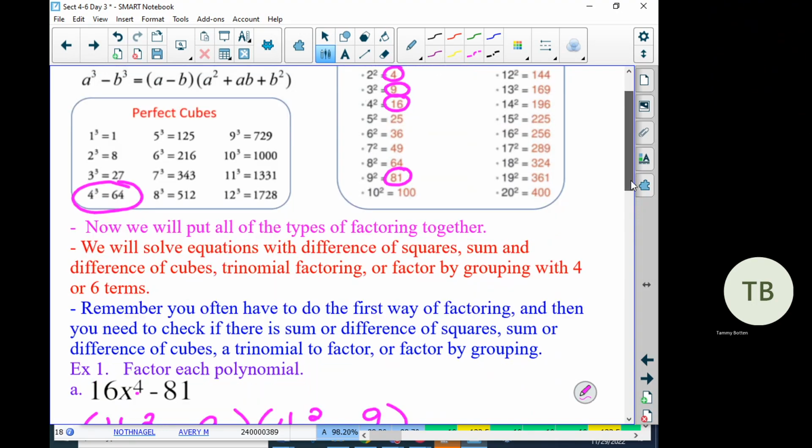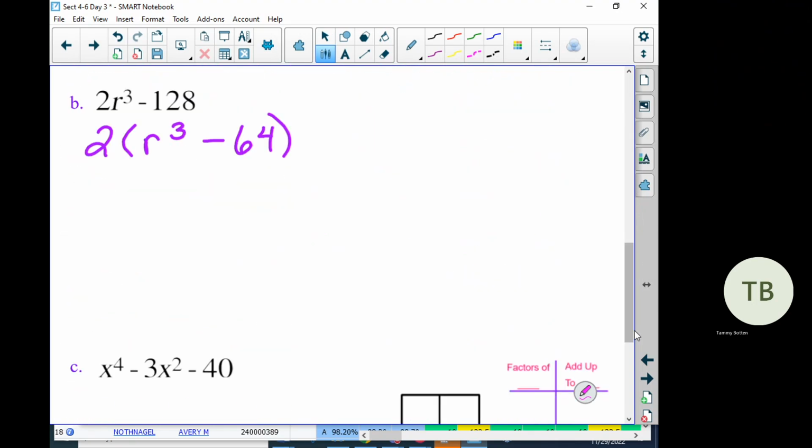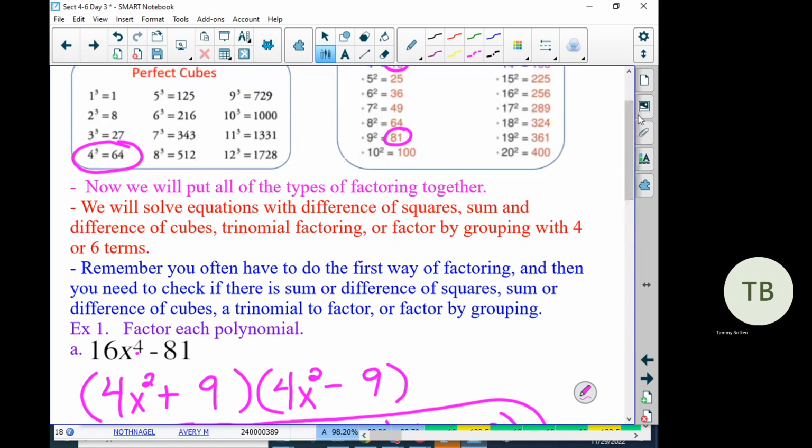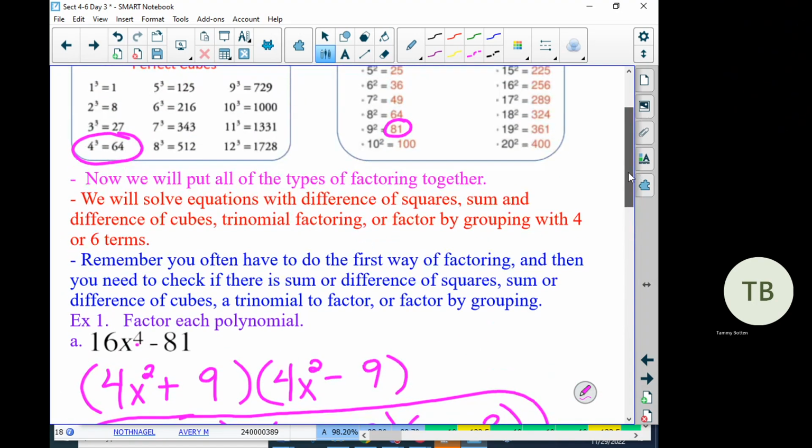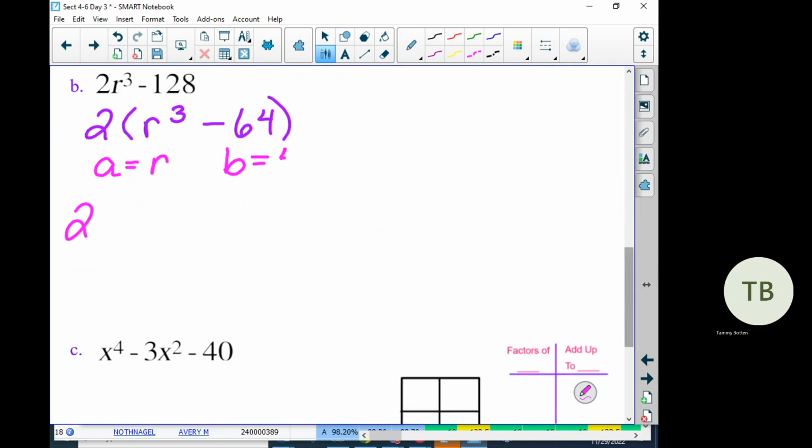Okay. So when I do this, you're still going to always carry that 2 down. You can't just forget about it. And then I always say, what is my A that's cubed here? And that would be R. And then what is cubed here? And for 64, it's 4 cubed. So my B would be 4.